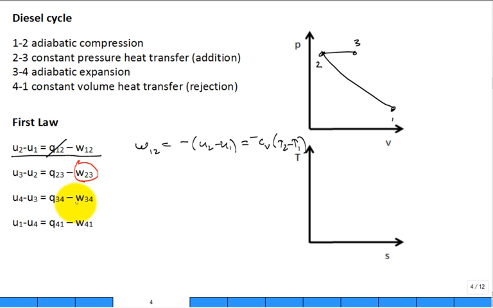Boundary work, it's expanding, pushing back that piston. So the work 2 to 3 is the integral P dV from 2 to 3. And since the pressure is constant, it comes outside the integral. And so we have the pressure times the final volume, V3, minus the initial V2.